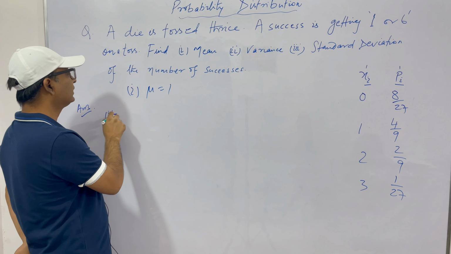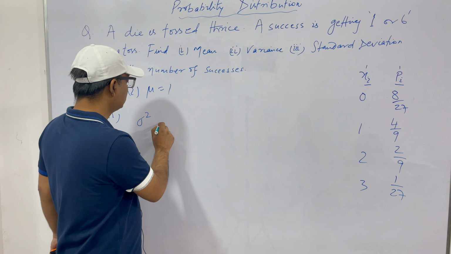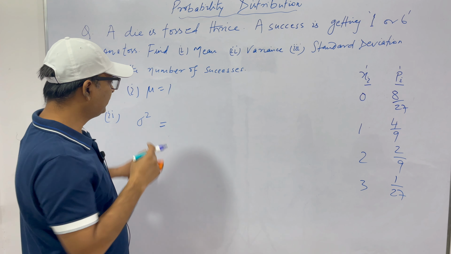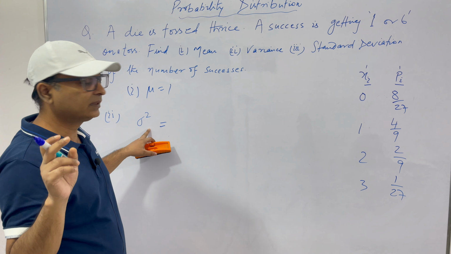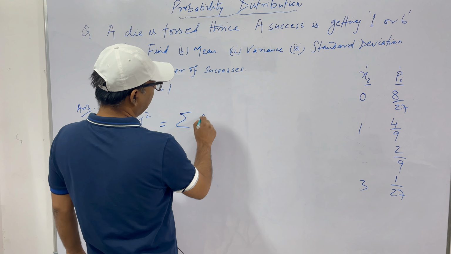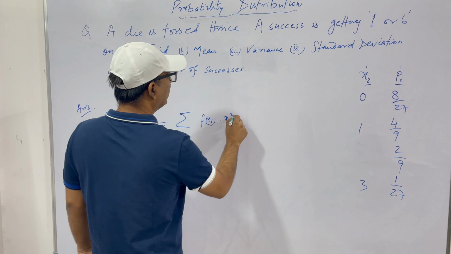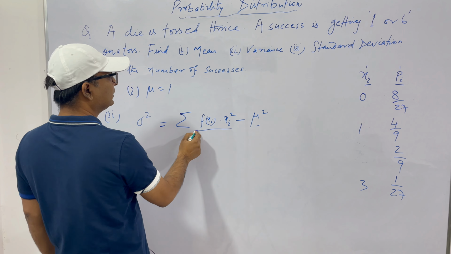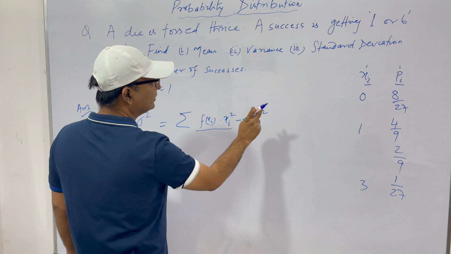Now we are doing the second part. It says variance. What is variance? You are well aware of this formula. I had discussed this in the last class also, and if you have any difficulty, you should go to my lecture on standard deviation and variance. There you will find this formula. It is given by f(xi), that is our pi, into xi square, minus mu square. Here mu is 1. Let's find this. The first term is 0, so I am leaving it.